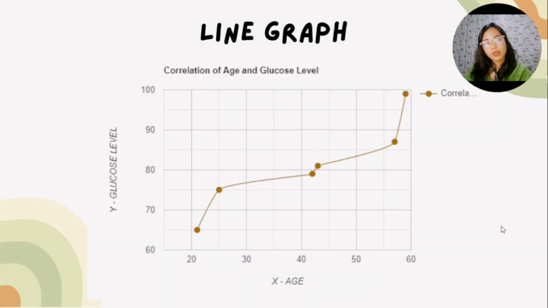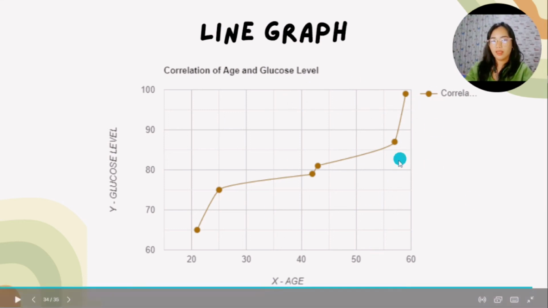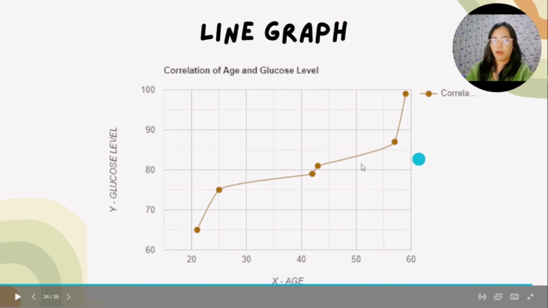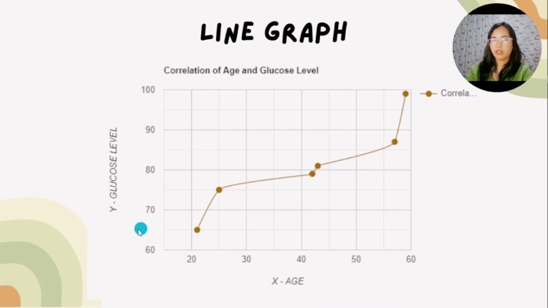Lastly, according to the meaning of the Pearson product moment correlation coefficient, the question there is, am I able to create a line graph from my data? The answer is yes. As you can see here, the correlation between the two variables: this one is the age, and this one is the glucose level.